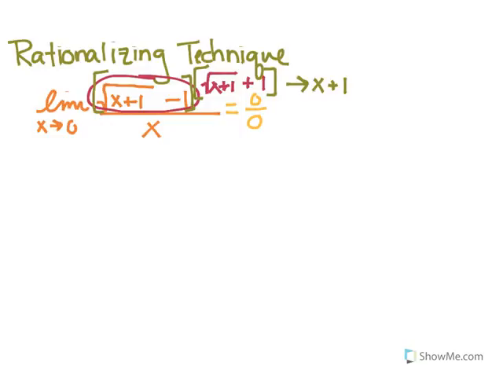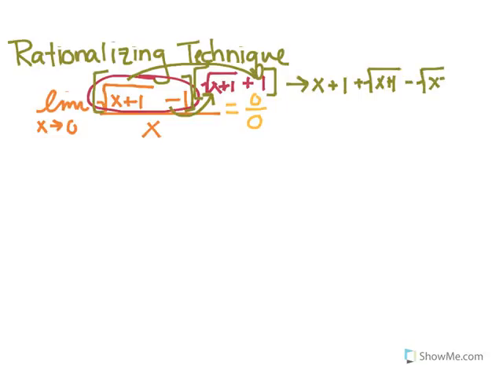Okay? Now, the outer and inner part is where this really gets interesting. If I do the root of x plus 1 times this 1, I get a positive root x plus 1. If I do the inner parts, the negative 1 and the root of x plus 1, I get minus root x plus 1.